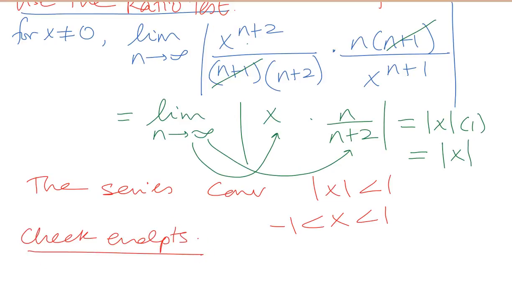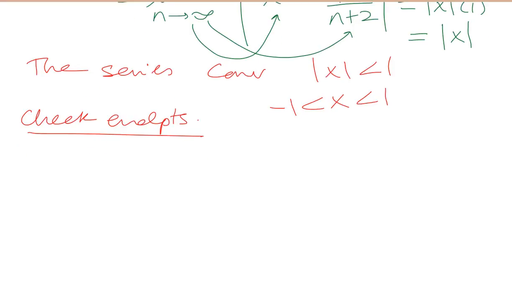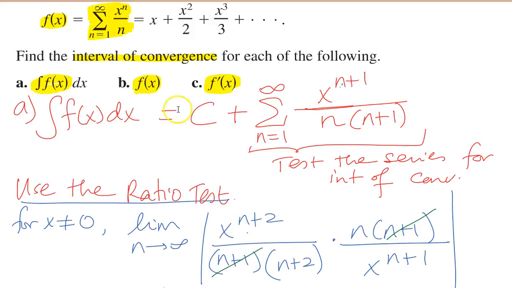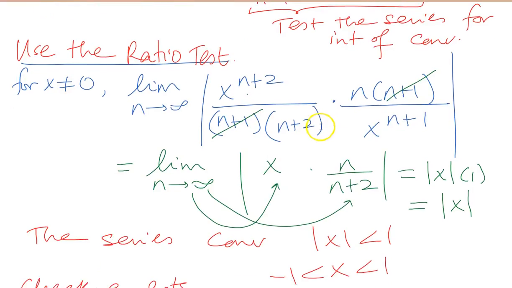Okay, guys, so I'm going to say when x is negative 1, okay, remember guys, we are checking integral of f of x, right, for the interval of convergence. So go to the series resulting from integrating f of x. That's this series. Okay, in that series, we are now checking the two endpoints. The first endpoint is negative 1. Replace x by negative 1 here.